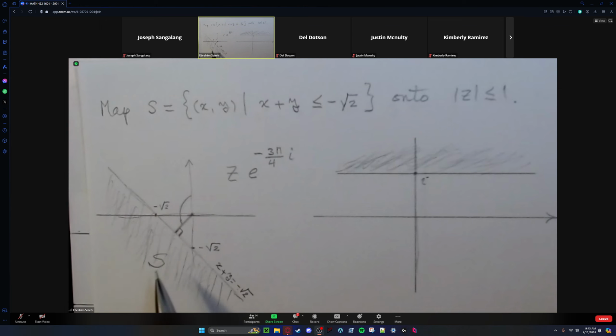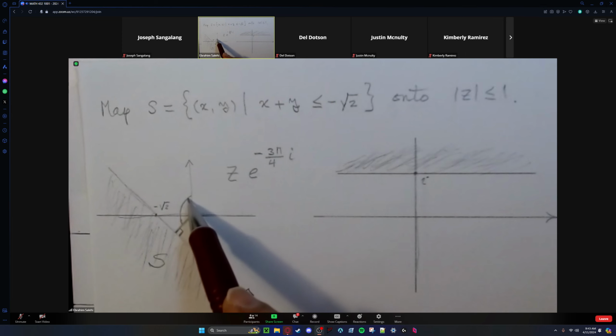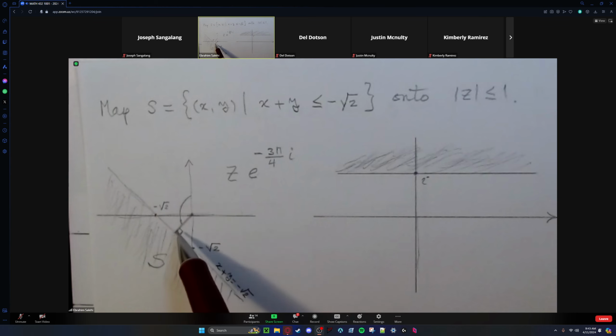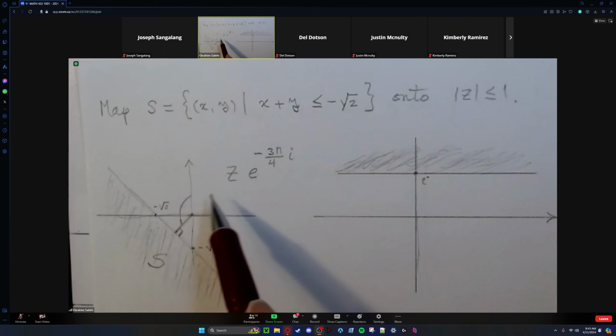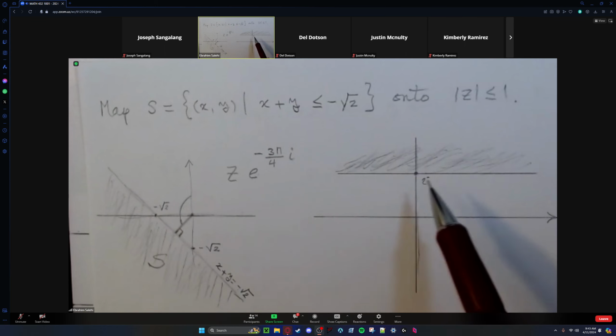Now, I want to go ahead and map this half plane into the unit circle, the unit disk. Oh, the first thing I need is sort of a rotation. If I rotate clockwise, going this way, with this angle, which is 3 pi over 4, I get here.